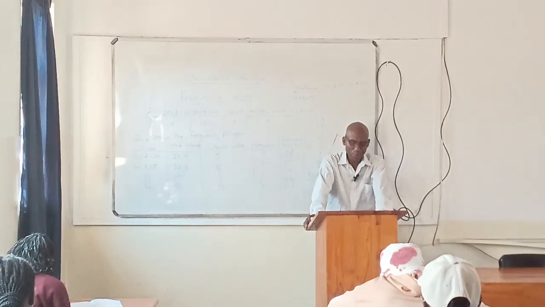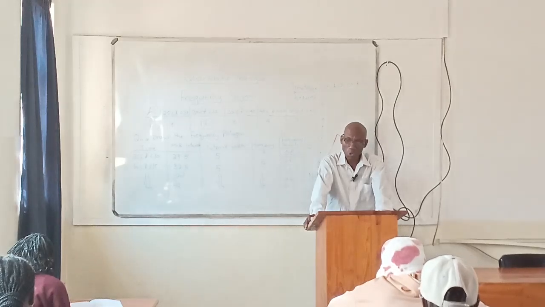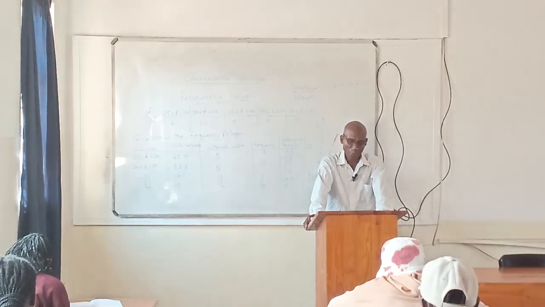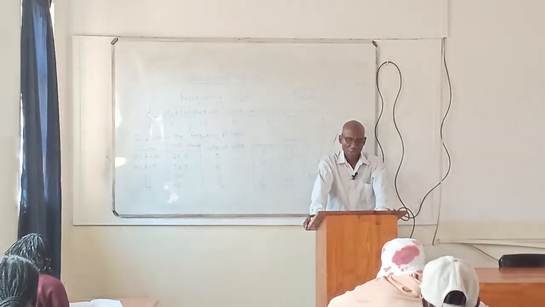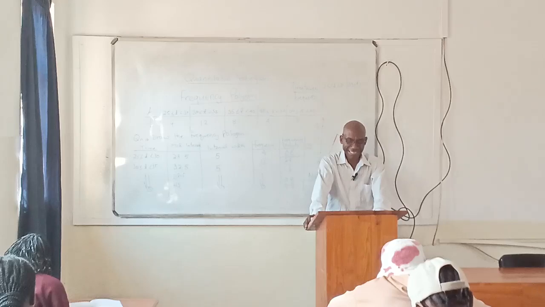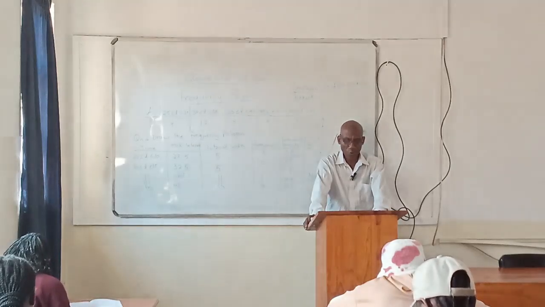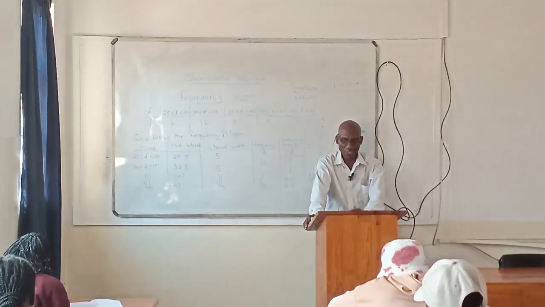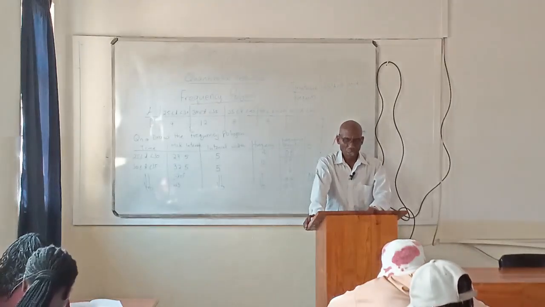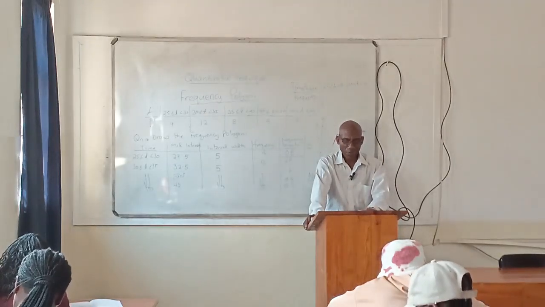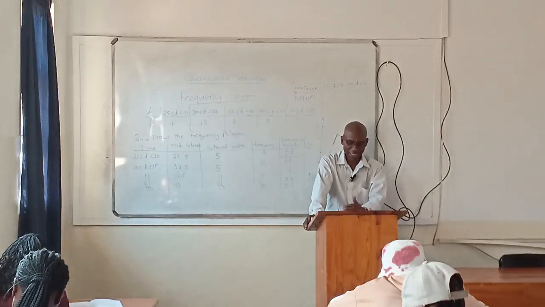So college A, from 20 to 24, it is 4. 25 to 29, it is 6. 30 to 34, it is 11. Those are the distributions. College B, 20 to 24, 0.